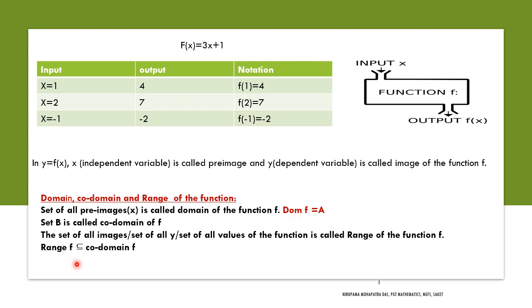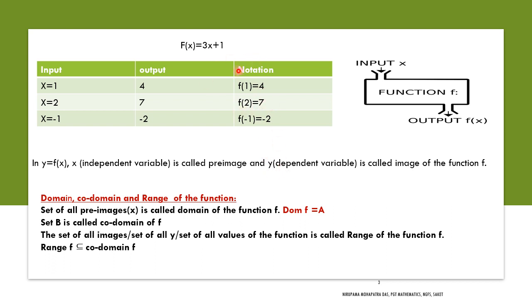So it means whenever you take the set of all values of the function, for example here you see f(x) = 3x + 1, we can take any value of x. It means x can be any real number, right? So here y = f(x), you are getting f(1), f(2), so depending upon this you are getting any y, right?